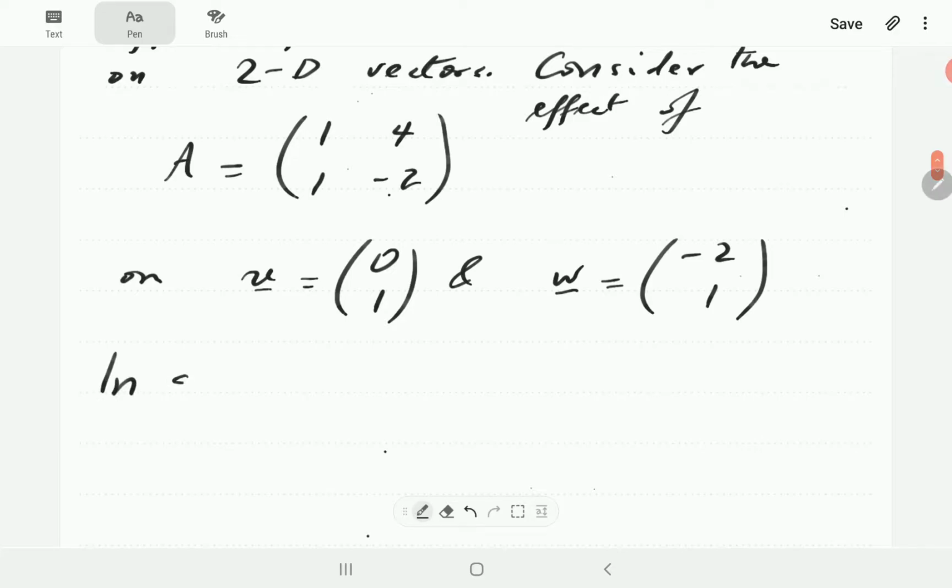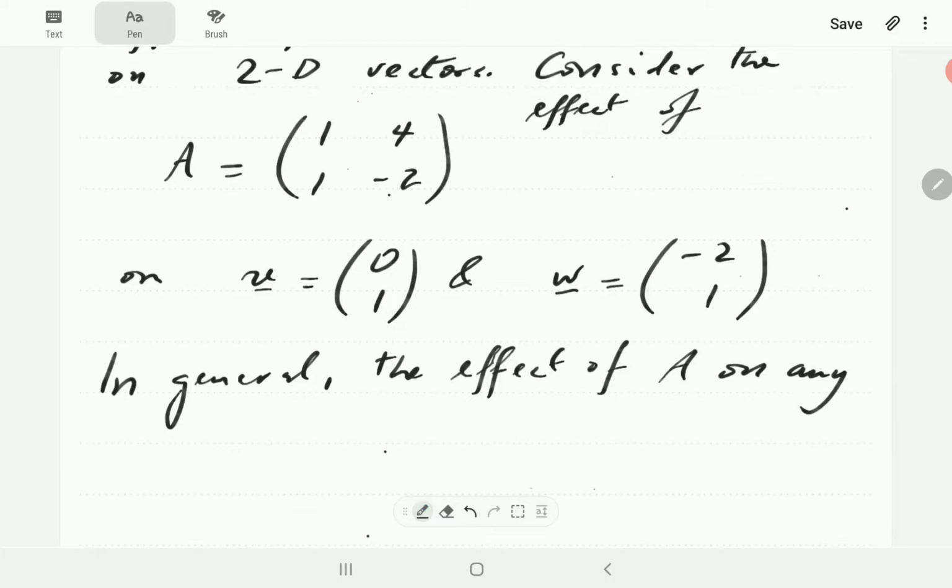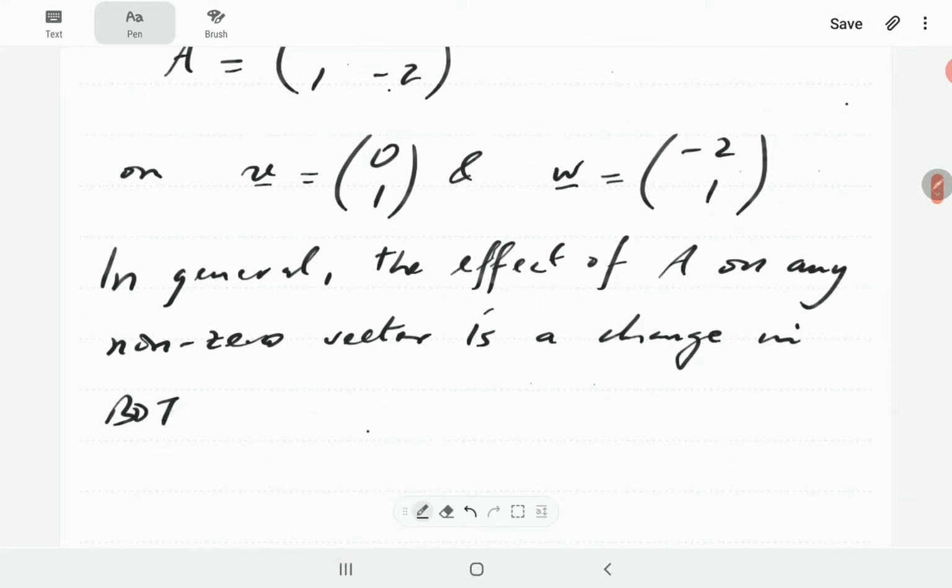So the thing we have seen is that in general, the effect of A on vectors in the two-dimensional space, let's say on any non-zero vector, is a change in both the magnitude and direction.